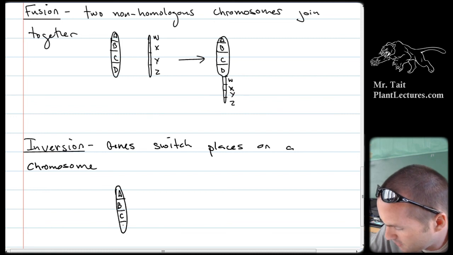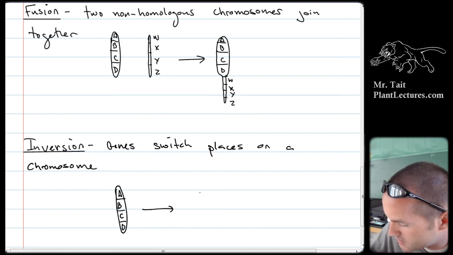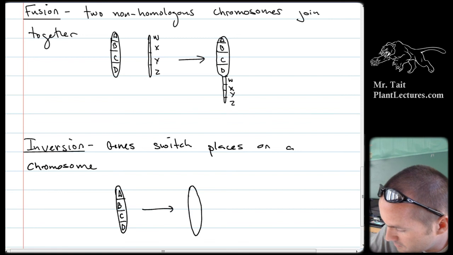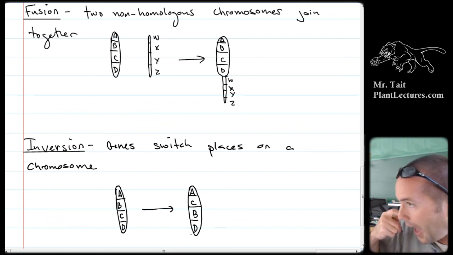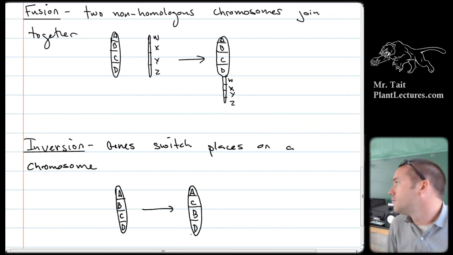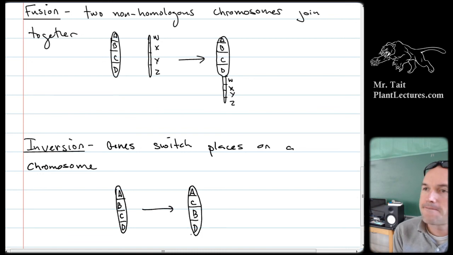A, B, C, D becomes A, C, B, D. What's the immediate effect of this? Probably nothing. What's the long-term effect of this? When would this ever come into play? Yeah. During crossover? Only during crossing over, okay?